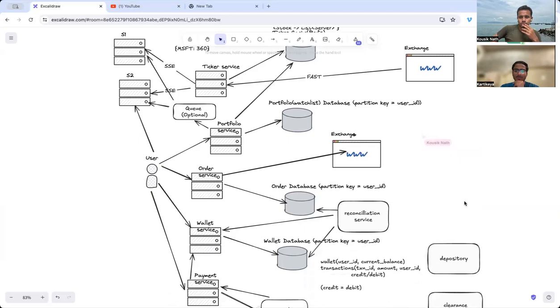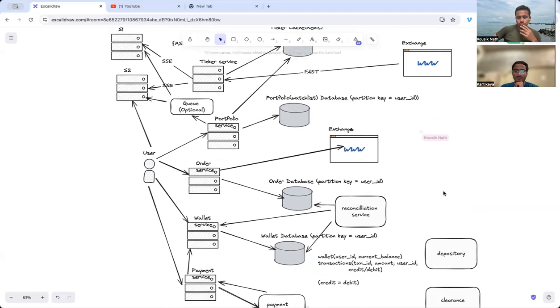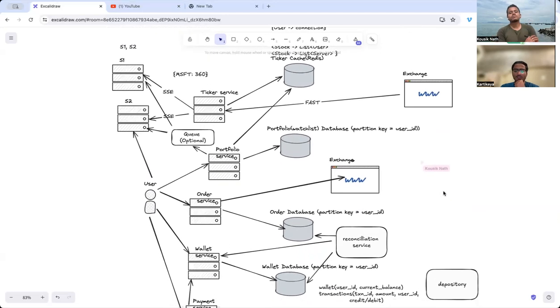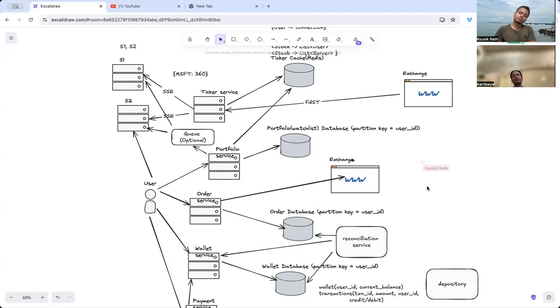The databases that we are using in our whole system are actually the relational ones only. For relational ones, we can use a single leader and maybe two or three followers. For each server, we'll have maybe two or three replicas.